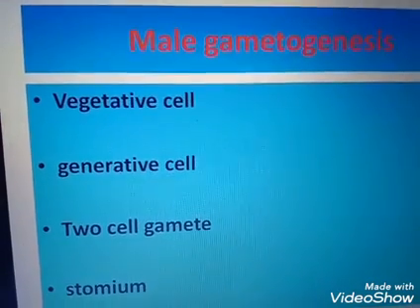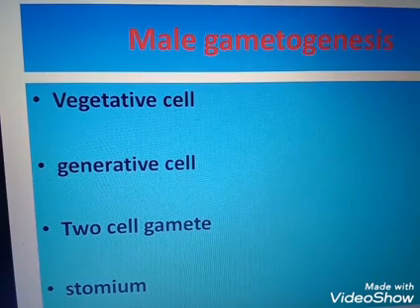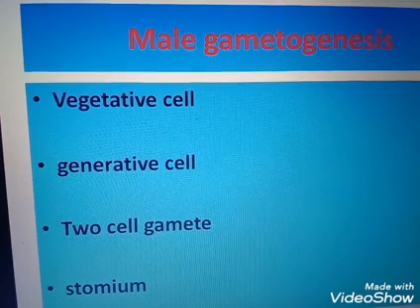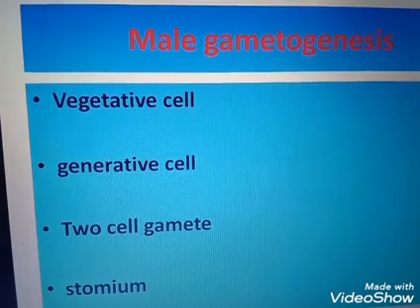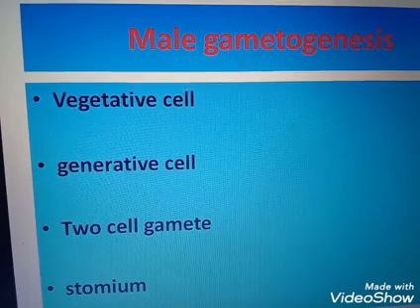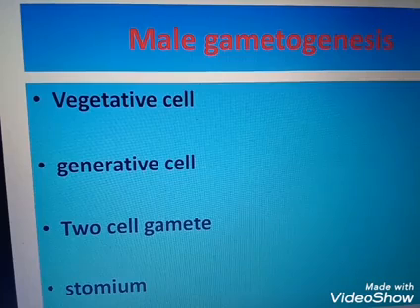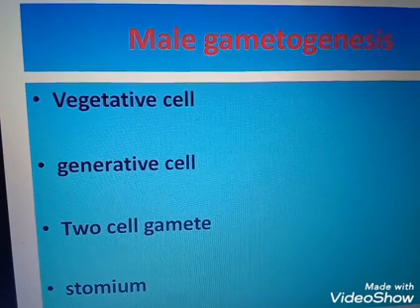So that is known as the 3-cell stage. At this 3-cell stage, the process of microsporogenesis is completed. Clear? Then the next topic is the female portion, that means the female gametophyte portion.